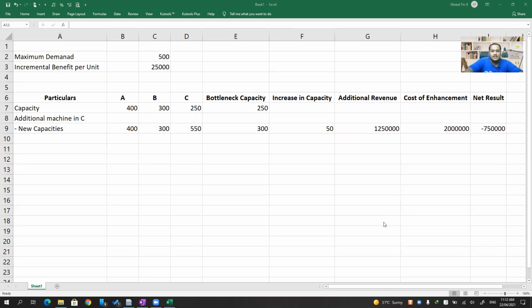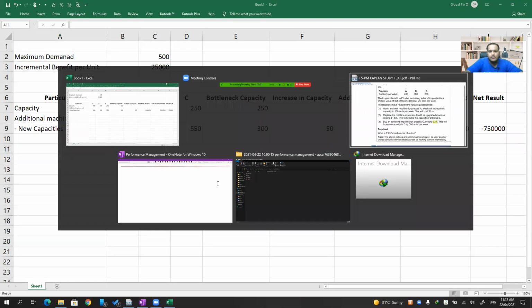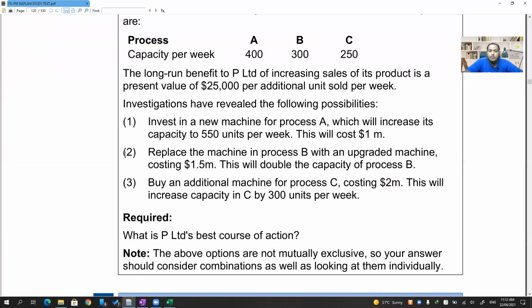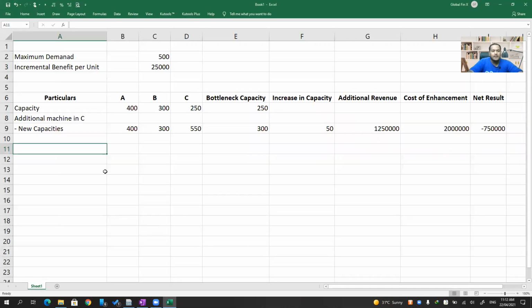Okay. Next, the second technique is replacing both C and B. We will replace both C and B. That is the next step. B and C together. Now what will happen?